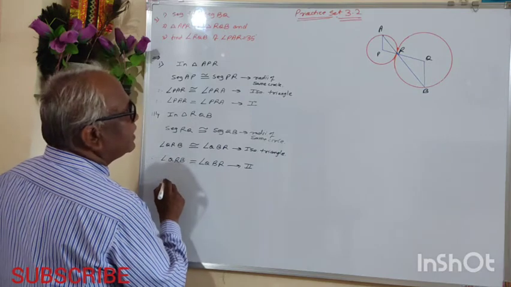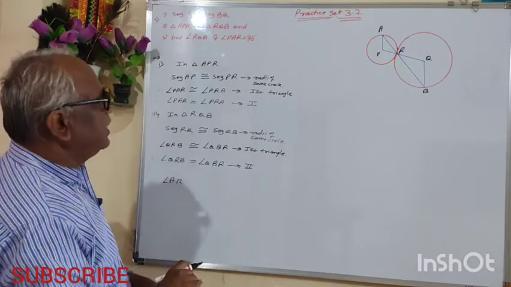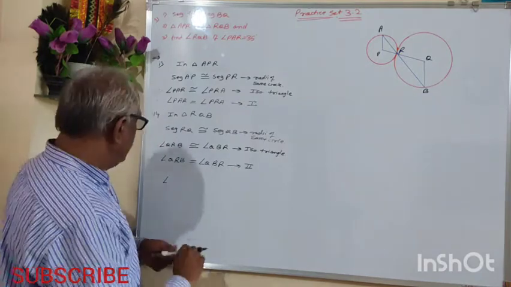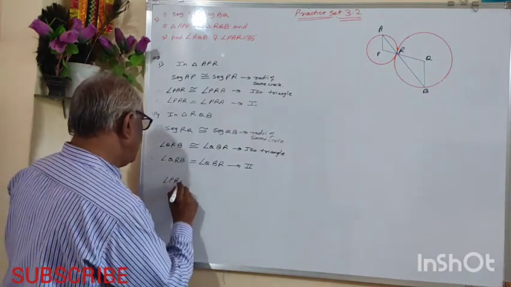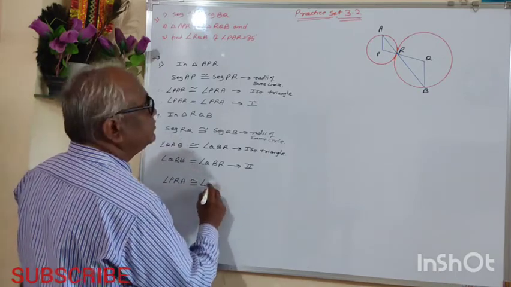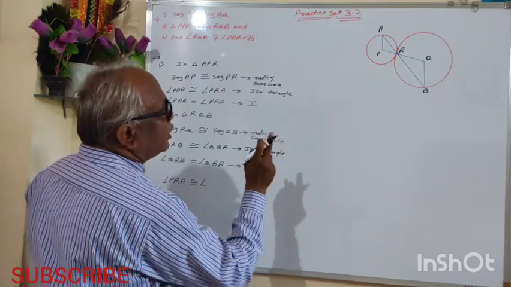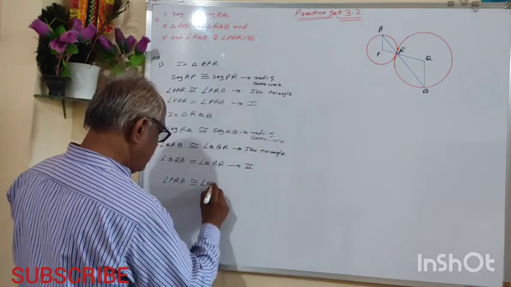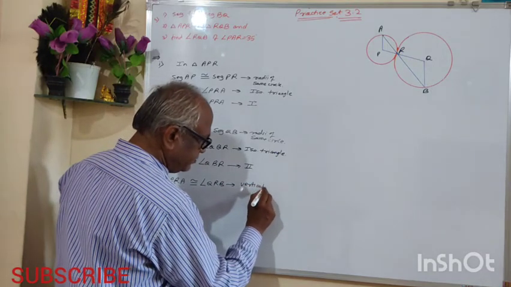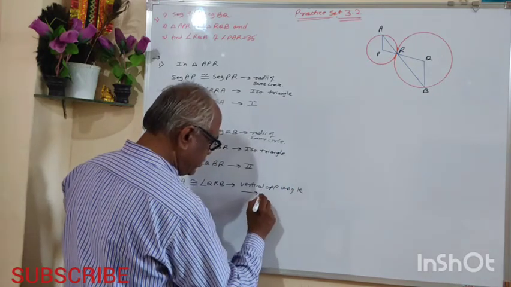And if you see here, angle PRA is congruent to angle QRB, that is vertically opposite angles.